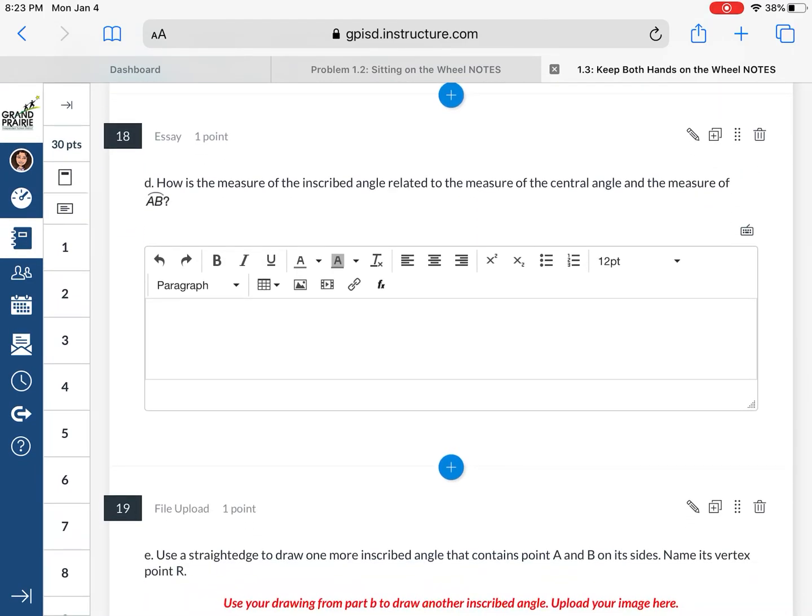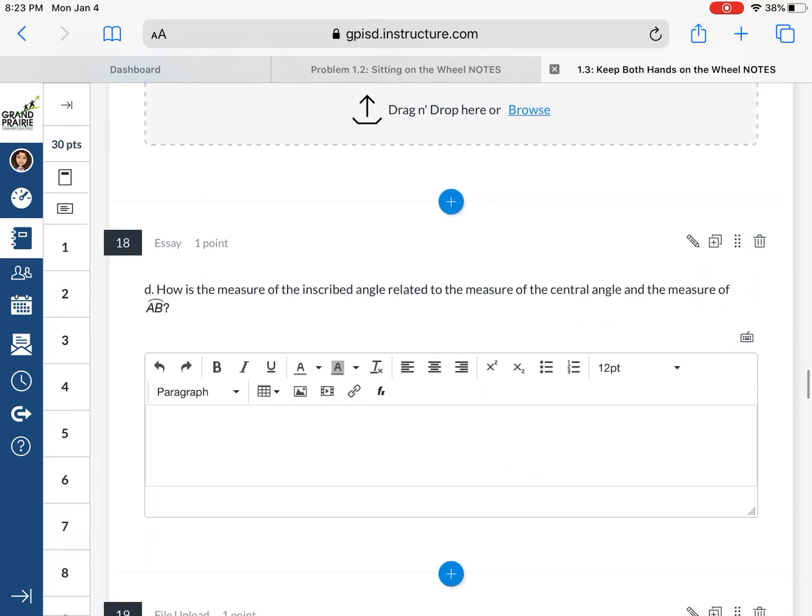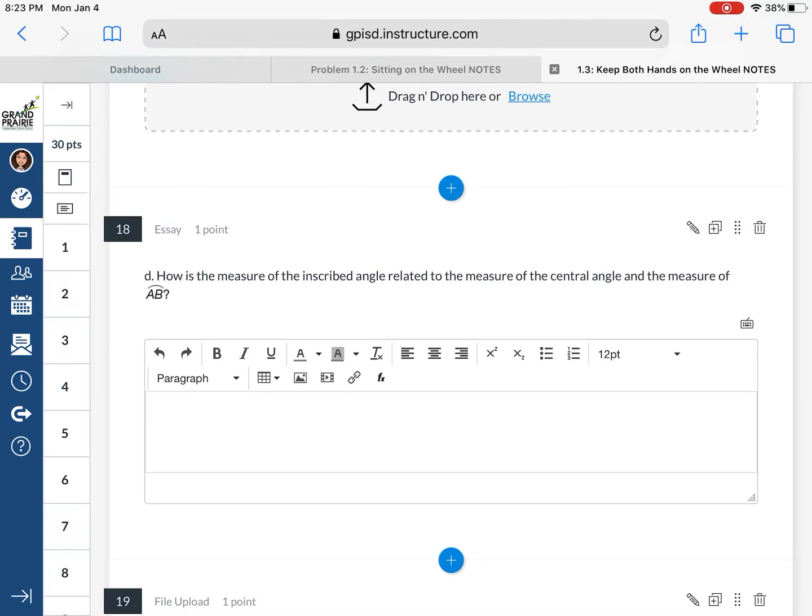Now, how is the measure of the inscribed angle related to the measure of the central angle and the measure of arc AB? Once again, how is the measure of the inscribed angle related to the measure of the central angle and the measure of arc AB? Take a moment to pause and see what you think.